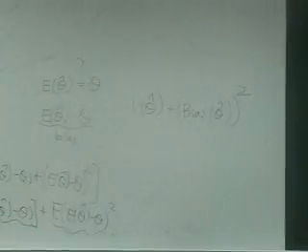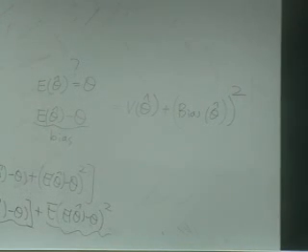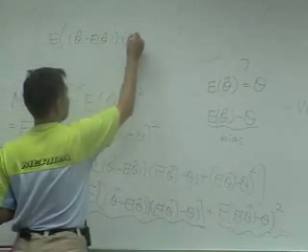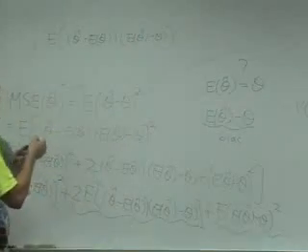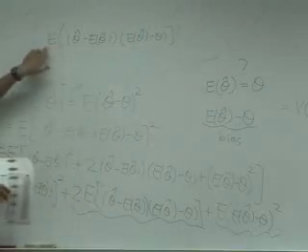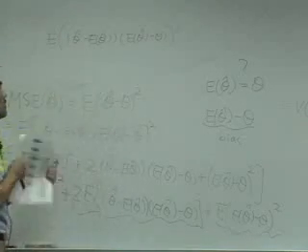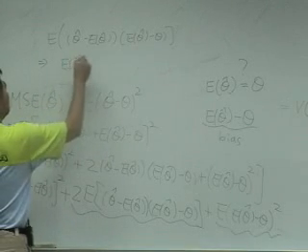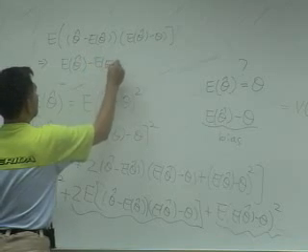So we have expectation of (theta hat minus expectation theta hat), and here you have expectation theta hat minus theta. This expectation is going to move into it, so then you have expectation theta hat minus expectation theta hat.